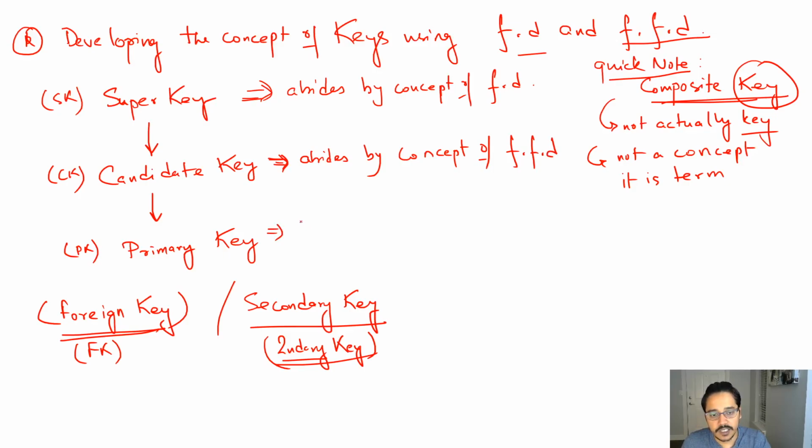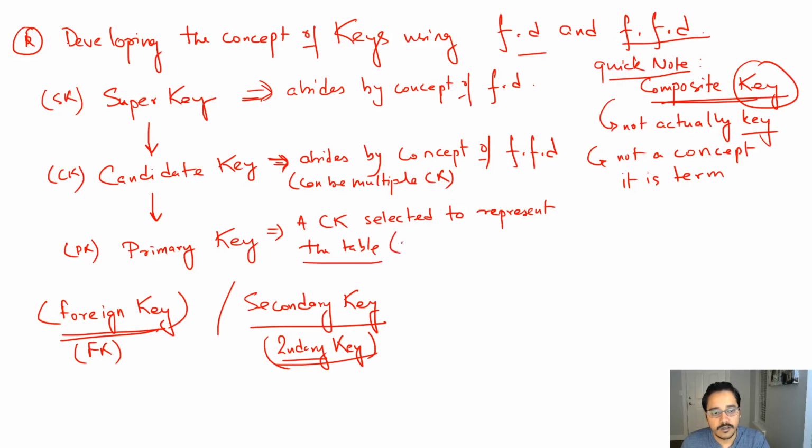A primary key is basically a candidate key selected to represent the table or uniquely identify all the rows. So based on this concept, there can be multiple candidate keys, but there will be only one primary key.